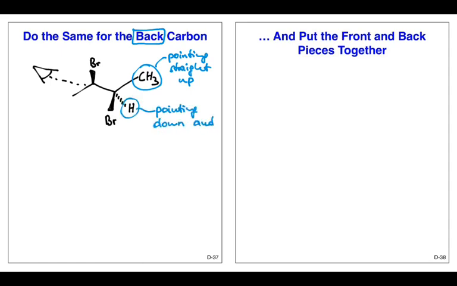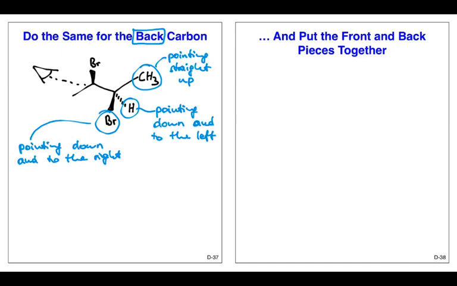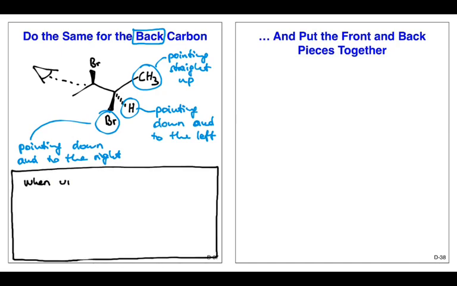The hydrogen is pointing down and to the left, and the bromine pointing down and to the right. And again, we can put this together in the Newman projection, looking from the side of the observer.